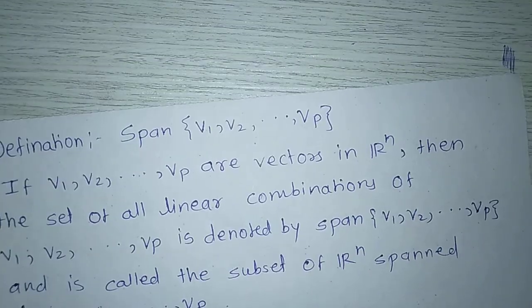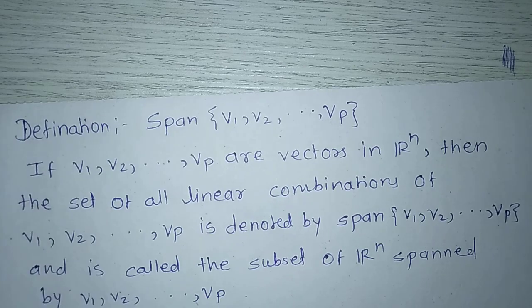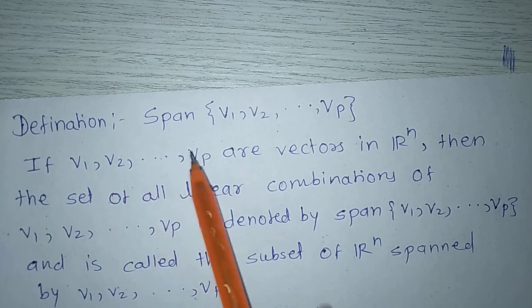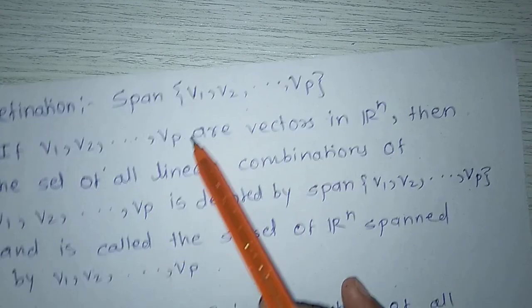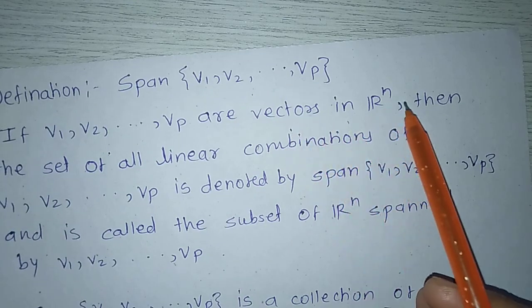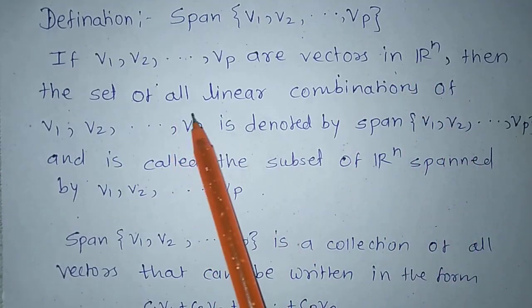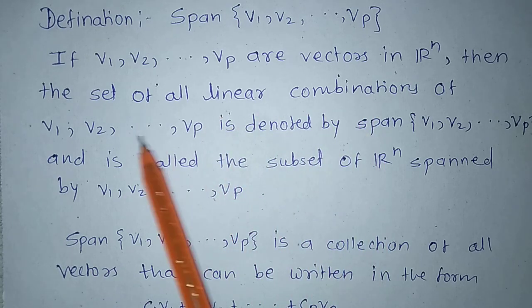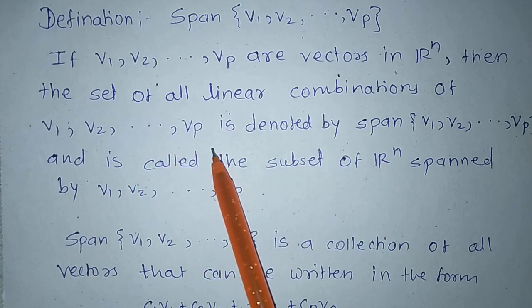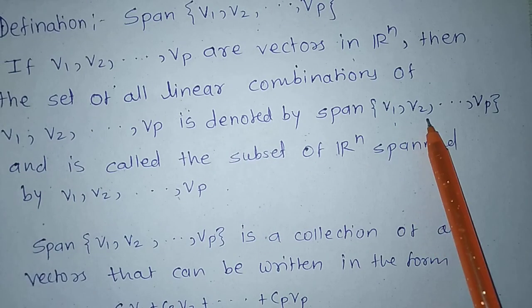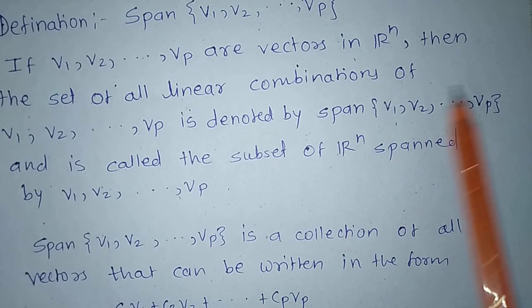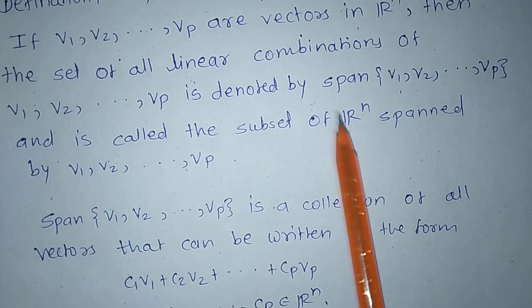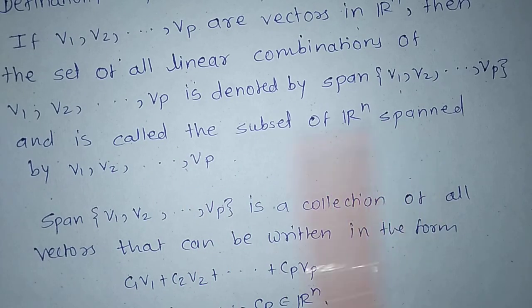Next, the definition of span of v1, v2, and so on up to vp. If v1, v2, and so on up to vp are vectors in Rn, then the set of all linear combinations of v1, v2, and so on up to vp is denoted by span of v1, v2, and so on up to vp, and is called the subset of Rn spanned by v1, v2, and so on up to vp.